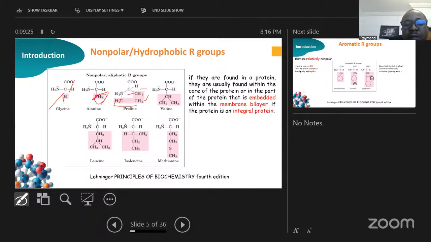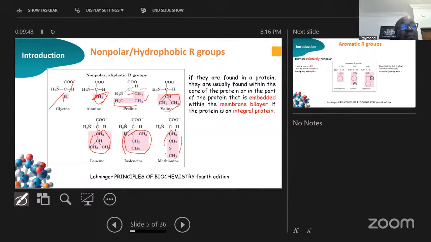We can see valine, leucine, isoleucine, and methionine. So these amino acids are called hydrophobic or nonpolar amino acids.